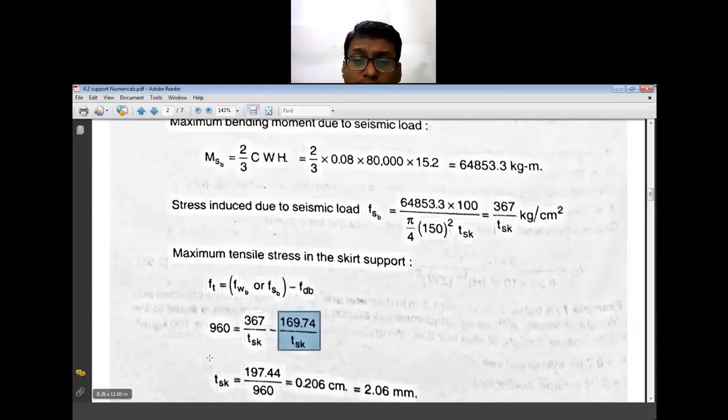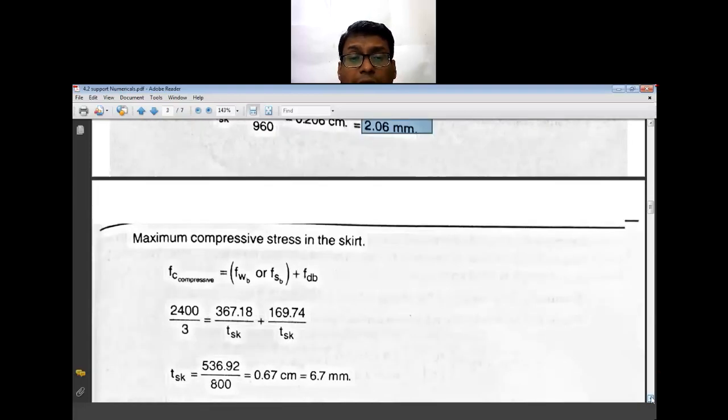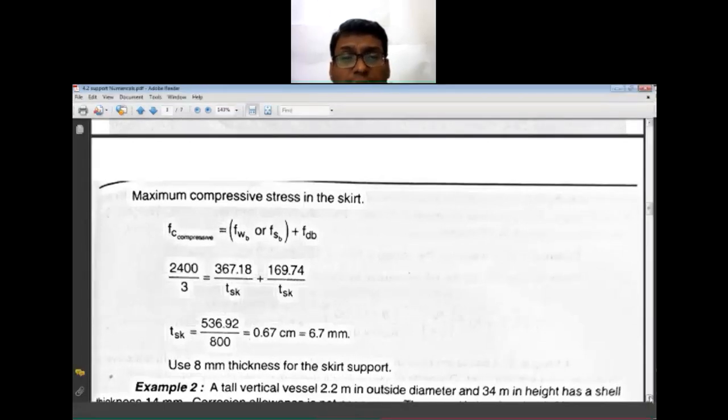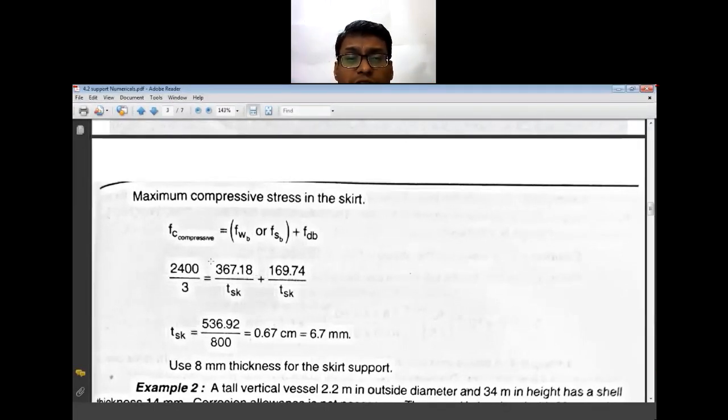Now, what will be the maximum tensile stress of this skirt design? It will be based on the maximum tensile stress FT, which is 960. Now, out of FWB, that is the stress because of the wind acting at the bottom, or the stress because of the seismic load acting at the bottom, this is 367 and the other is 68.67.